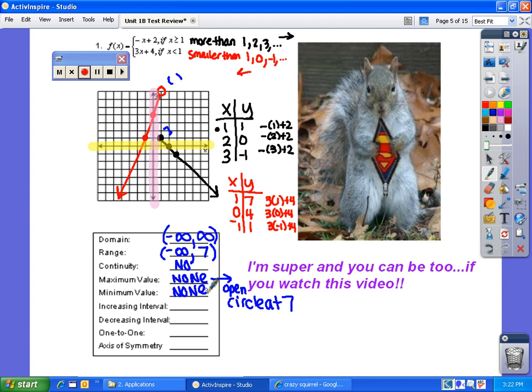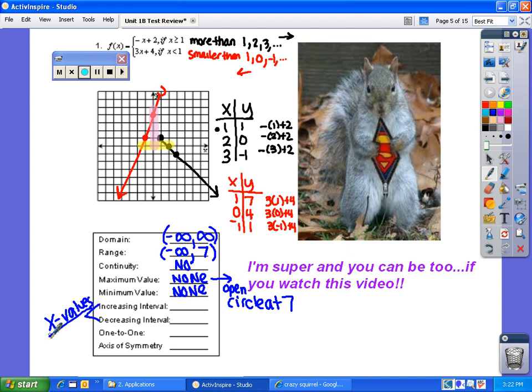Alright, now for increasing and decreasing interval. I know that you guys are really confused by this sometimes, but you have to remember to think horizontally, not vertically. Now, when we think about a graph increasing or decreasing, we always think in terms of up or down. But an interval basically is saying, what x values am I using to make this graph grow?